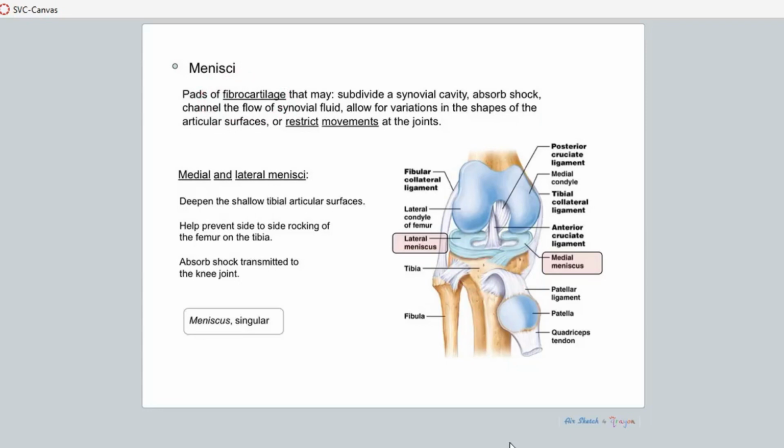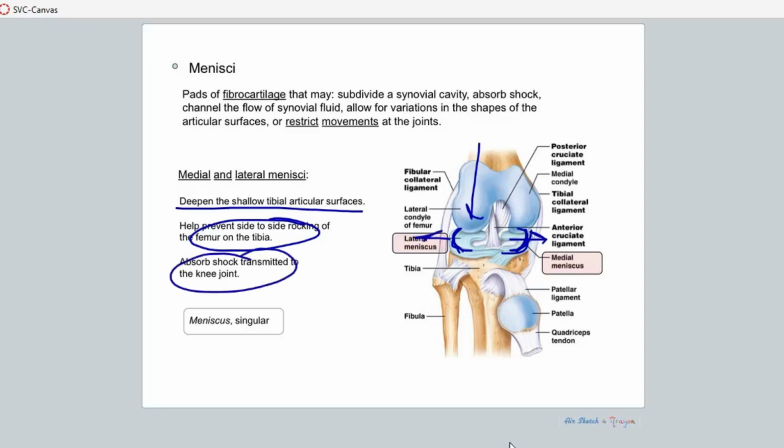And what are they doing? Okay, you can see that they kind of have this ridge there. So one of the things they do is they deepen the articular surface. Okay, they deepen the joint, so the femur sits in there more snugly, which also prevents side-to-side rocking of the femur on the tibia. And it also absorbs some shock.